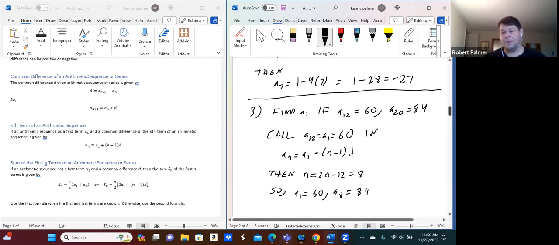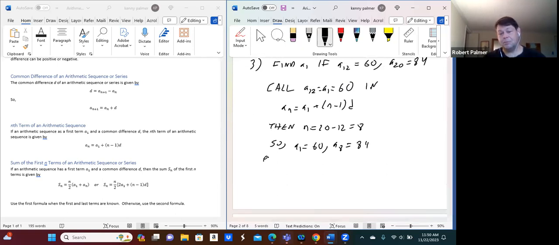Now, let's plug those into our formula. The nth term, AN, is also 84, the 8th term.